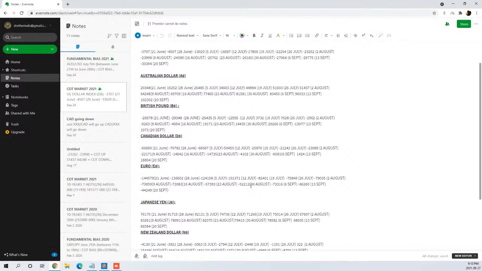If you compare the last two we looked at, this is the one that has a big jump, about 22,000 difference in contracts. Since this price is lower than this price, it's going up in value, but we're looking to do the opposite. So we're looking to sell the euro.